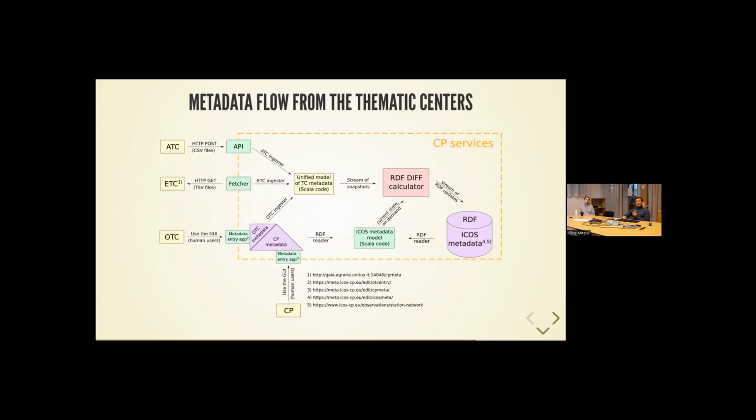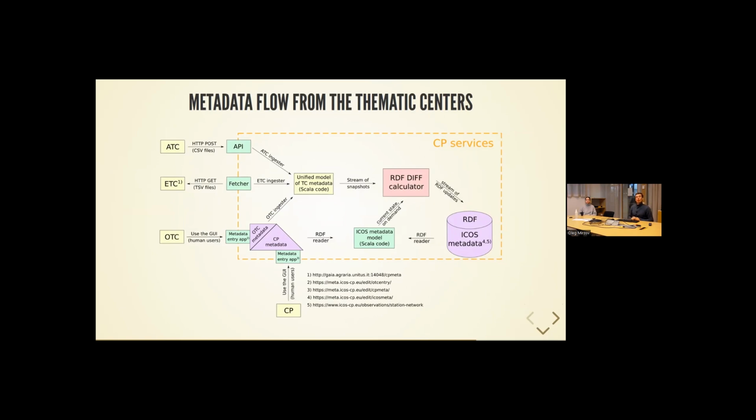And another thing, as I mentioned, metadata is the key. And so the story of metadata at ICOS is pretty complicated. This slide is not for you to understand fully, of course. It's just to show you that it's complicated. It works more or less.